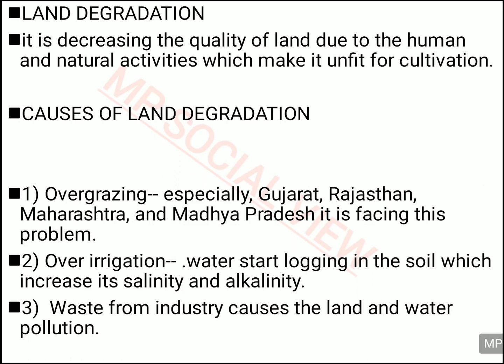So this is also one of the reasons for land degradation. Third reason for land degradation is the waste of the industries. When industries discharge their waste, polluted waters, into the land body and the water body, then water and land pollution take place and land and water get degraded.